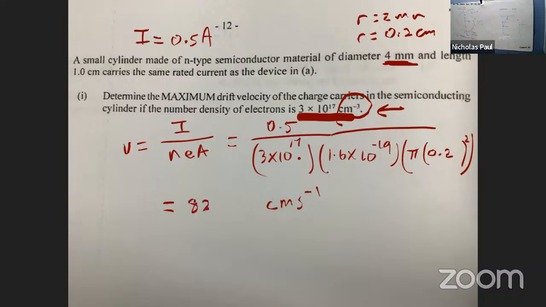Right? In centimeters per second, I got 82.9 centimeters per second. And if you want to convert to meters per second, just multiply it by what? Divide or multiply? I want to convert centimeters to meters. So divide by 100. 8.29 by 10 to the minus.